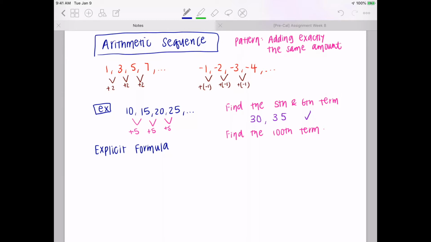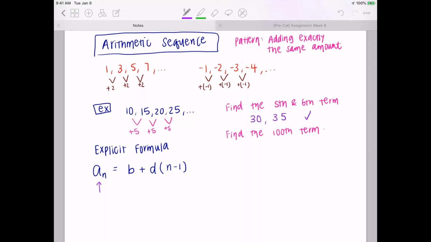This formula is a sub n, meaning the result that I want, equals the first term, which we call b, plus d, which is the difference or the pattern, times n minus 1.